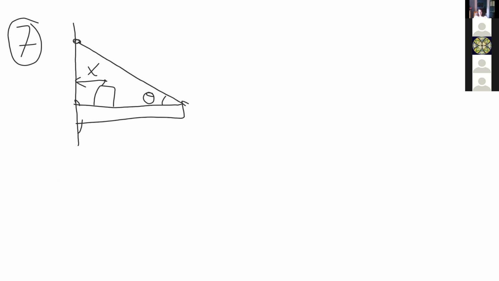So the first thing I like to do is label all of my forces. The forces here are going to be on the plank. So I have, as I mentioned, the tension in the rope that is tied to the end of the plank. The plank itself has a weight, and that will be at the center of the plank. Call that W sub P for weight of the plank. And then there's a block, and the block is also going to have its own weight that will be applied at its center of mass. Call that the weight of the block.